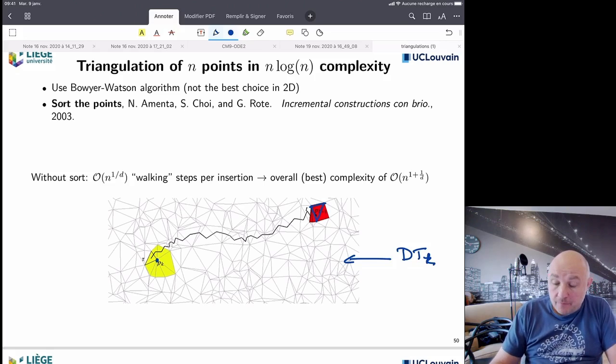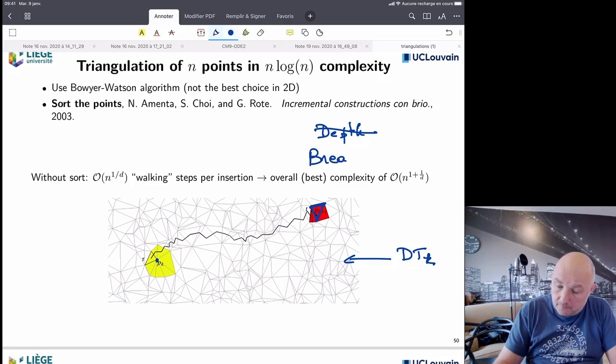And from that triangle, we can do what is called a breadth first search, which means that if you have a triangle, you know the new point is inside, you look at the neighbors of the triangles.